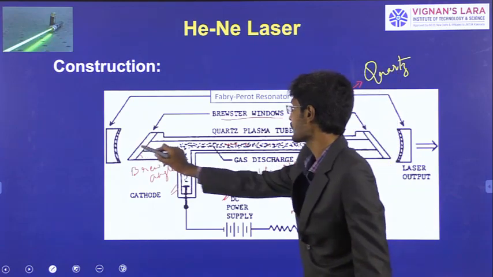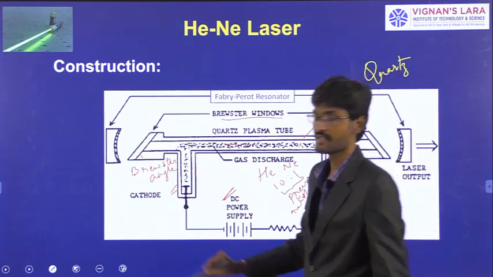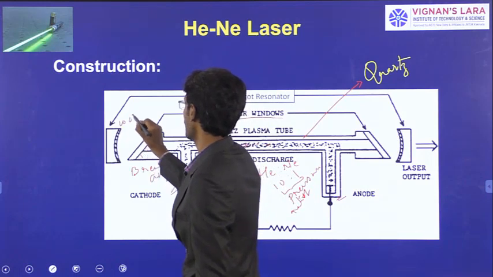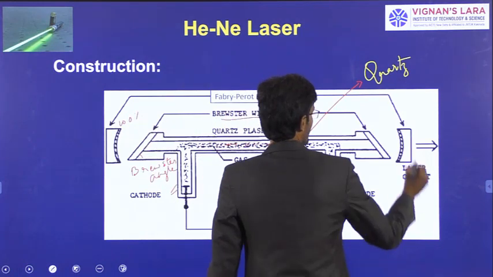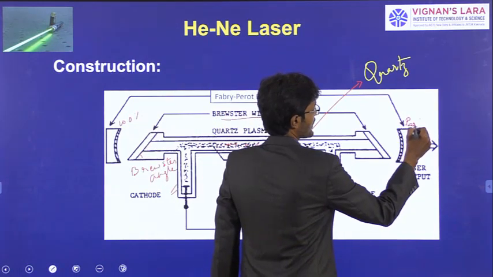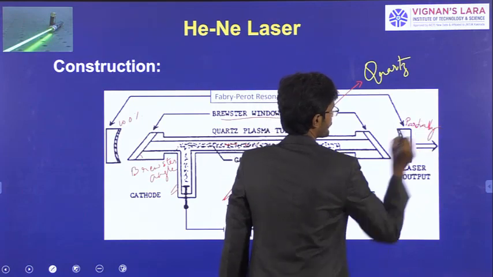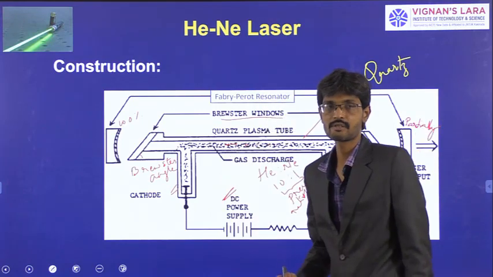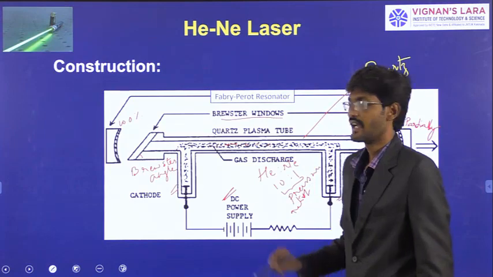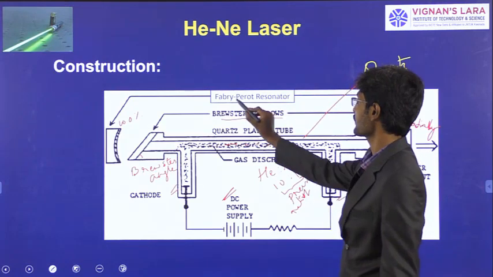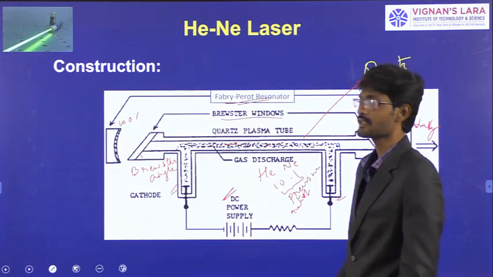On the axis of the discharge tube, it contains two mirrors: a 100% reflecting mirror and a partially reflecting mirror. The combination of these two mirrors is called an optical resonator, and in the helium neon laser the optical resonator is called the Fabry-Perot resonator.